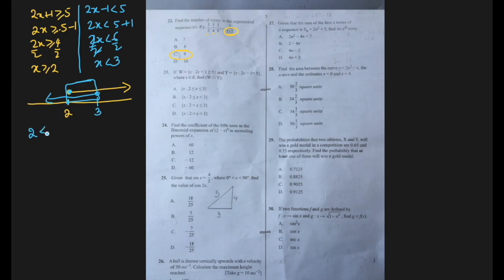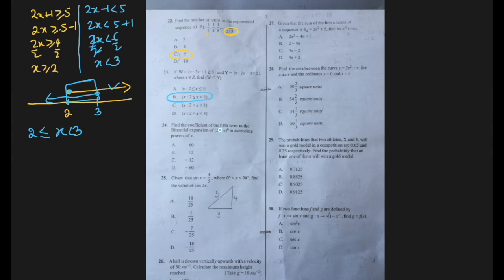So we write 2 is less than or equal to x. But 3 is not part of this, though it is part of the line above, we will see the common thing. Common is that it is not part, so we write less than only, no equal sign. So 2 is less than or equal to x, less than 3, B is the answer.